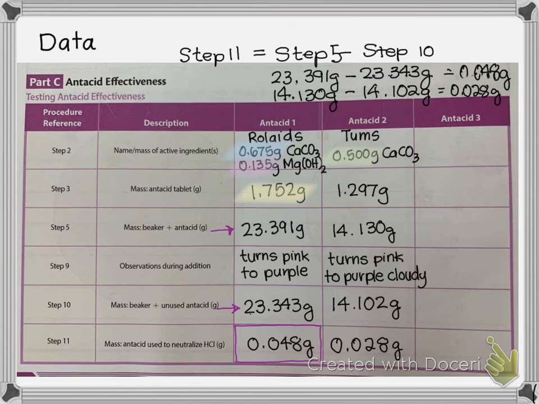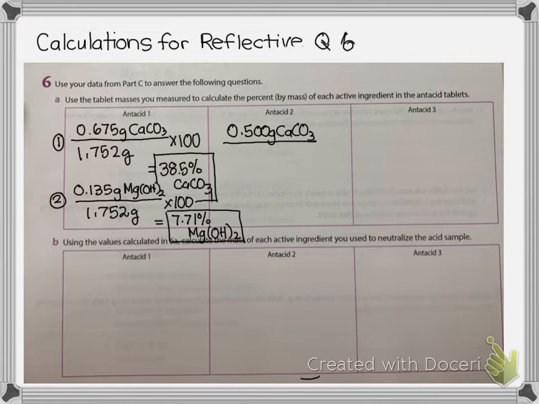So that's going to be, in this case, the 1.297. And then times 100. Okay, so if we do that math, we get 38.6% calcium carbonate. That's interesting. In this pretend data, both of them have about the same amount of calcium carbonate. Okay, and if you had 3, you'd have to do 3, but this answers the first part.